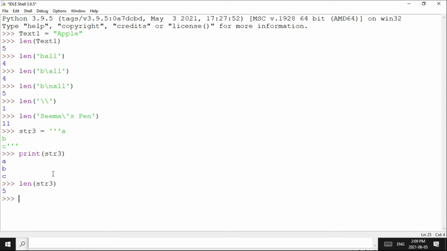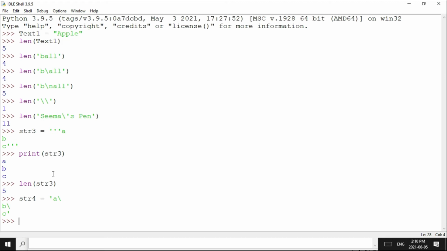What if you create a multi-line string by using a backslash? Okay, let's create a multi-line string by using a backslash. str4 is equal to a, backslash, b, backslash, c, in closing single quote character, press enter, and here the new lines in this string will be ignored by the backslash. Getting it?